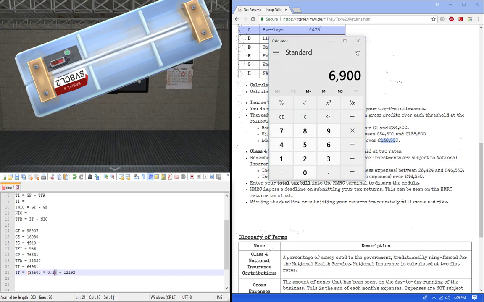We get 6,900. And we're going to add these two, 12,192 and 6,900, which gives us an income tax of 19,092. All right, we got our income tax.